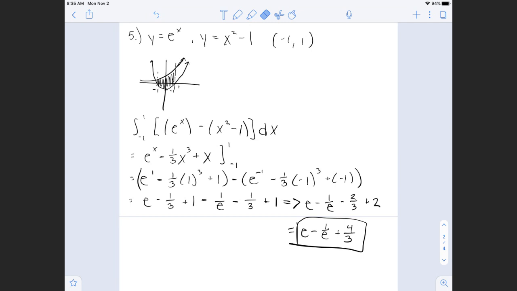So then I plugged in 1 first, and then subtracted by the second number, which was -1 in each function. And then I simplified that, and eventually got e minus 1 over e plus 4 over 3. Great. Looks great.